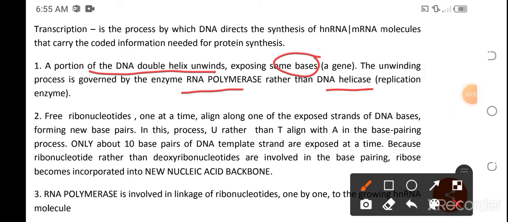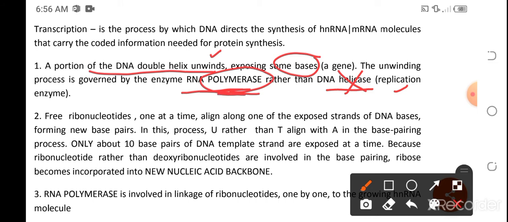Dito sa transcription, wala nang DNA helicase. Rather, ang magdadirect ng unwinding is the enzyme RNA polymerase. Because of this RNA polymerase, magkaiba yung unwinding na nangyayari during transcription at of course, iba rin yung effect ni DNA helicase during the replication.